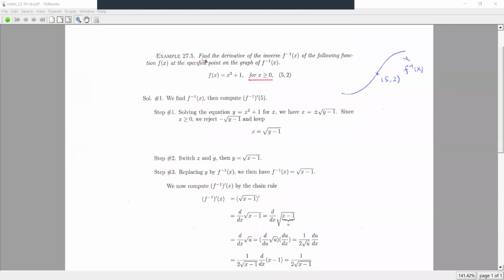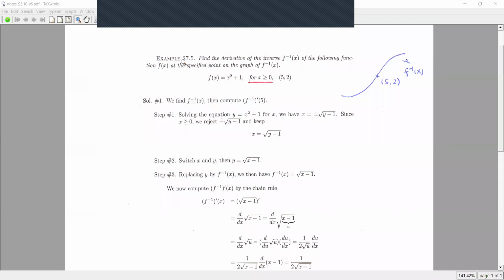Example 1. Find the derivative of the inverse function of the following function f at the specific point on the graph of f inverse. (5, 2) is a point on the graph of f inverse. The function f is x squared plus 1, where x is non-negative.